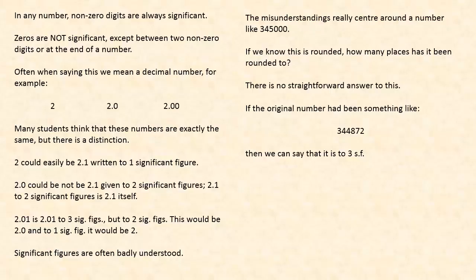So how could we say that? Well, if we look at three significant figures, 345,000 would be here. The next thing up would be 346,000. Notice these are the significant figures here. And the next thing down, 344,000.